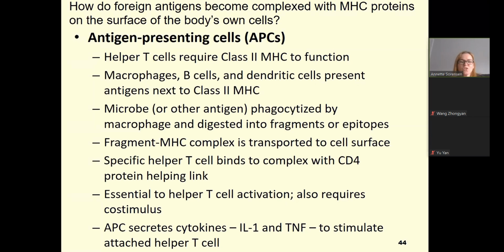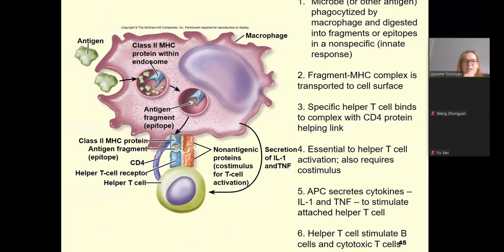Now, essential to T cell activation is also the secretion of cytokines. So cytokines help stimulate T cell proliferation. Now, it's much easier to understand when you look at the figure here, actually.